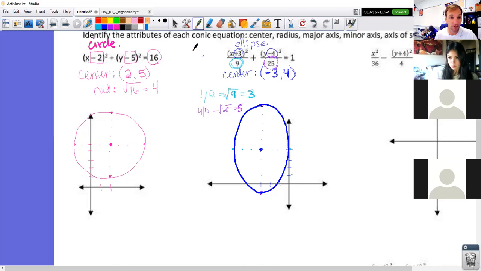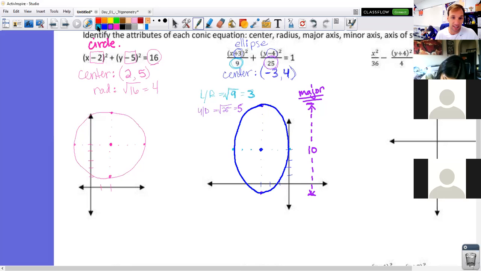Okay, now there's a couple things to note here. Something called the major axis. So the major axis is your longer axis. So the major axis goes from here to here, which is now going to be 10 units. So your major axis is the longer of the two axes.